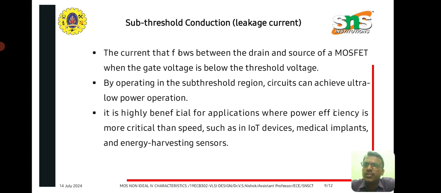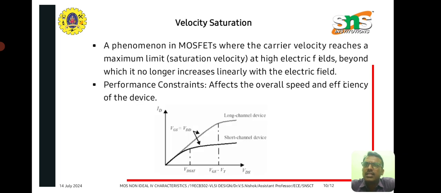That current flow differs from the ideal characteristics of the MOS transistor. Because of this, it can be used widely in power efficient applications like IoT devices, medical implants and energy harvesting sensors. And the next topic is velocity saturation.